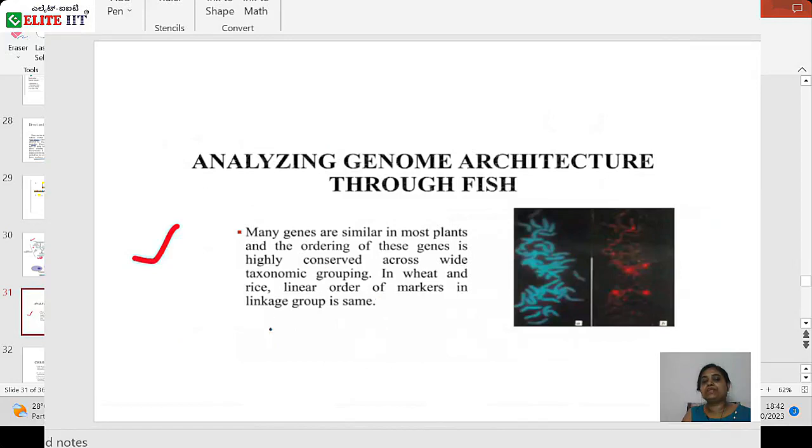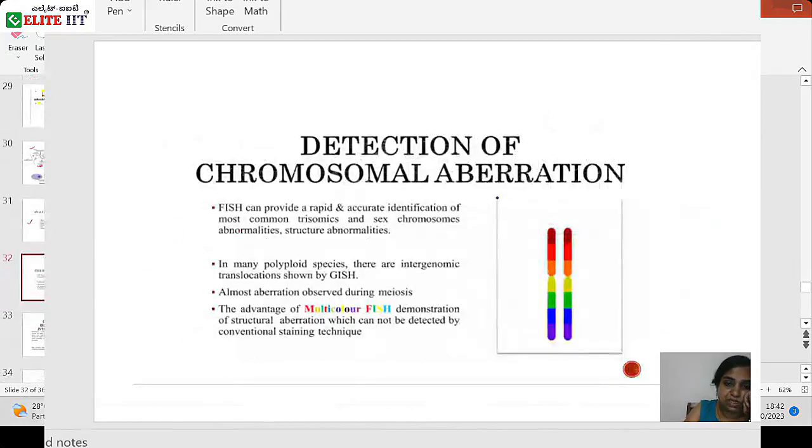Wheat and rice should have some similarities; they come in the same group taxonomically. So many genes are similar in most plants. Similarity you can identify, dissimilarity you can identify through the FISH method.